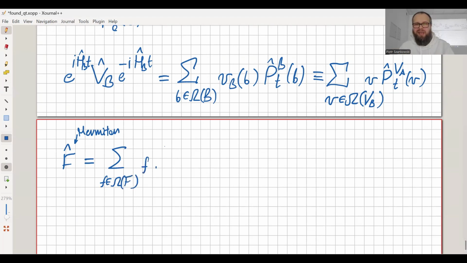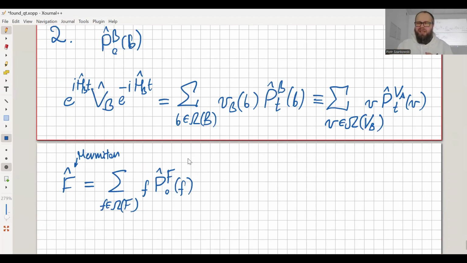So it has eigenvalues F, and it has projection operators on the eigenspaces. And now we can do the same trick as we did with B. They can be seen as projection operators associated with measurements of observable F. So we can have F devices that measure this observable, and we can have probabilities, measures associated with it. Okay.